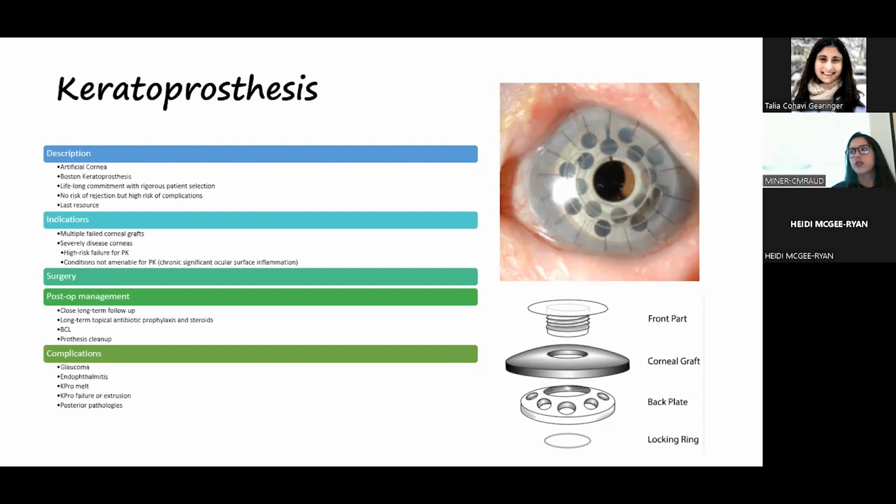The surgery is very similar to PK, a full thickness corneal transplant. But nowadays, with everything that has been shown in the literature, they're usually done in combination with the retina specialist and the glaucoma specialist, to try to decrease the postoperative complications. So it's a very big surgery for the patient.